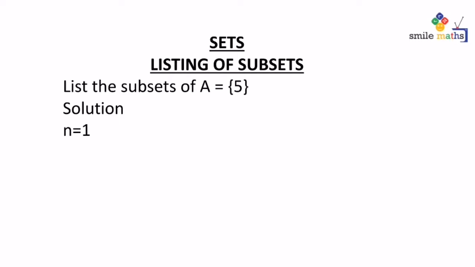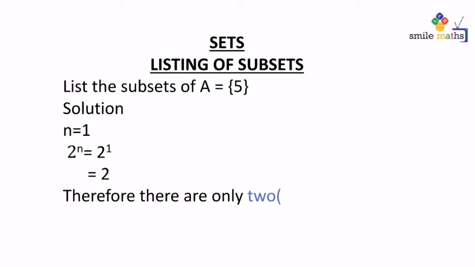Over here we have only one element, therefore our n is equal to 1. Then we do 2 raised to the power n, that is 2 raised to the power of the number of elements, which is 1, and this gives us 2. So for this question there are only 2 subsets.